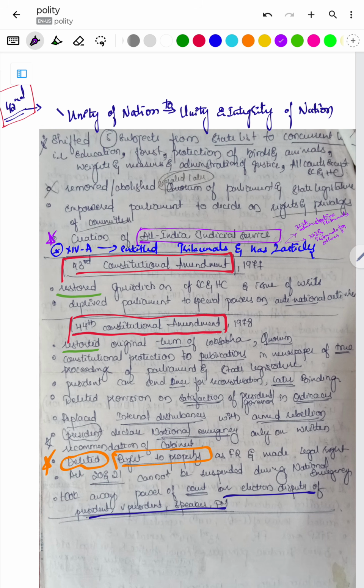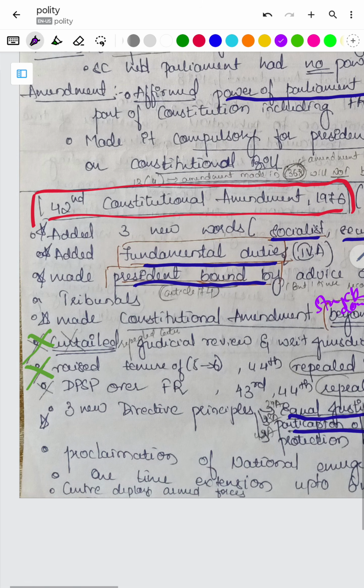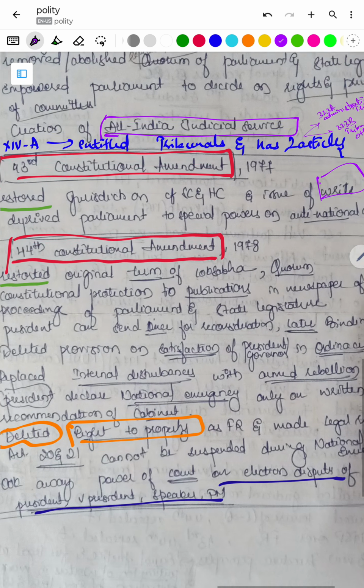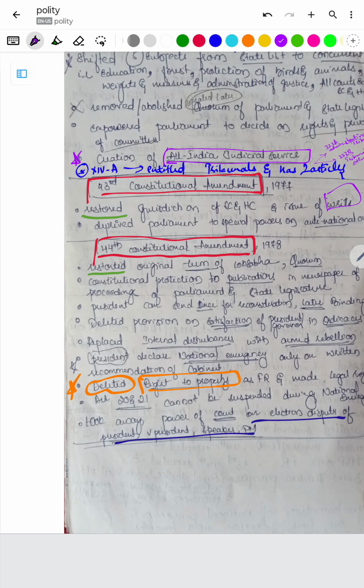It restored writ jurisdiction. Writ jurisdictions were repealed in the 42nd, and restored in this one. It had curtailed judicial review and writ jurisdiction of HC and SC. What is writ jurisdiction? Writs.